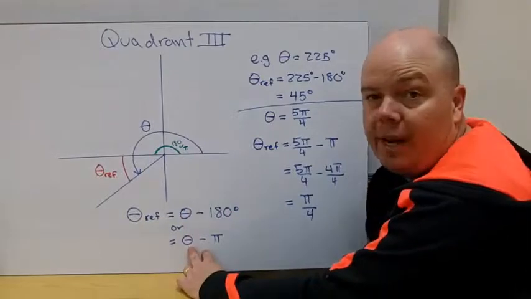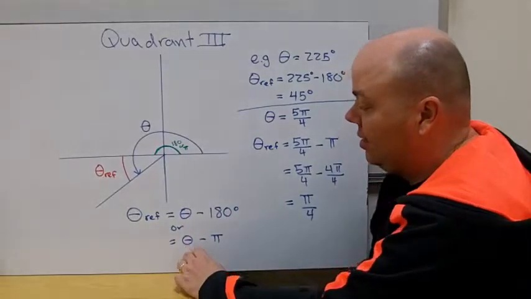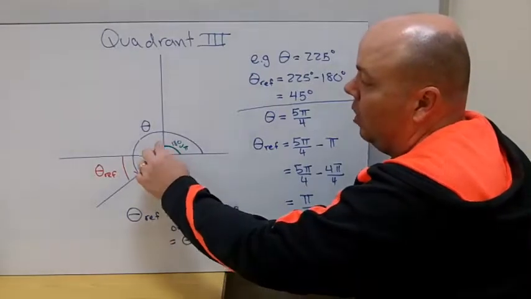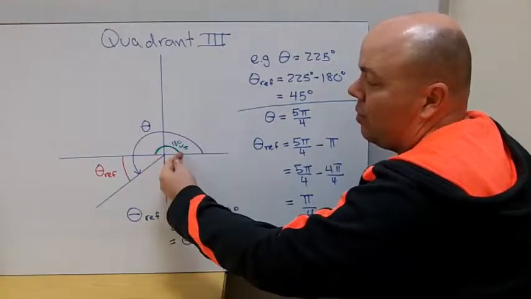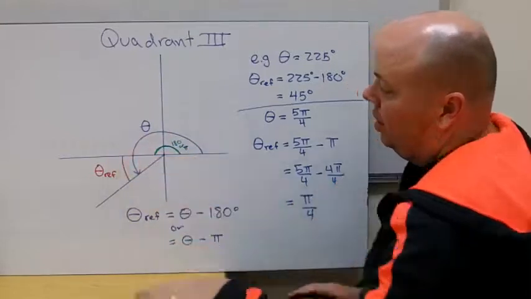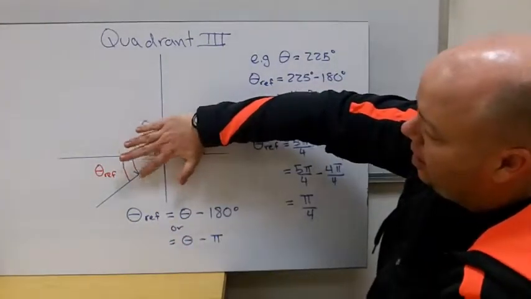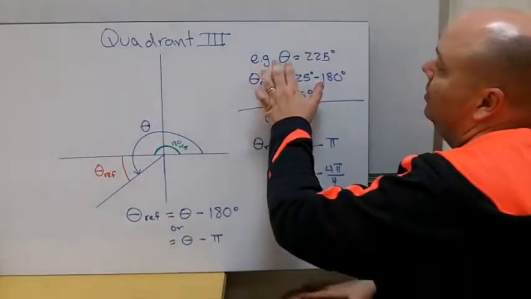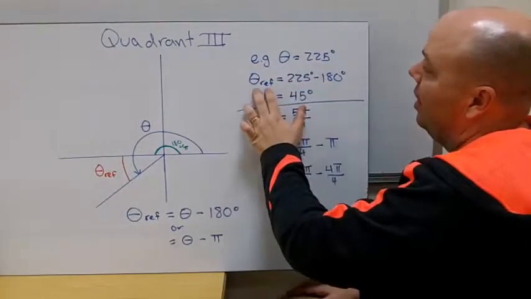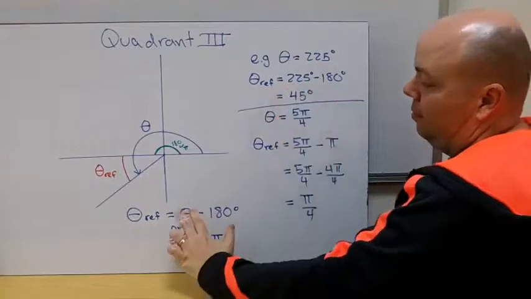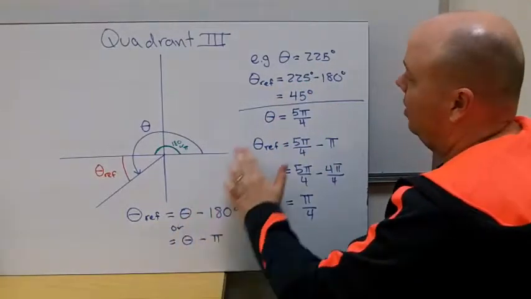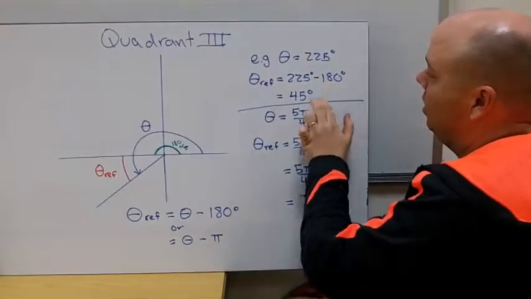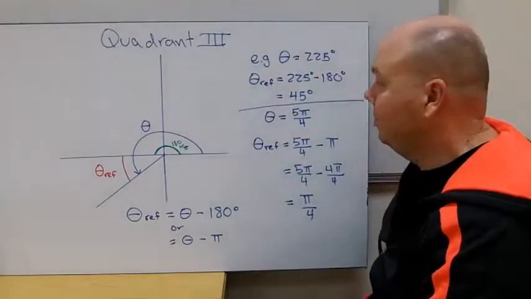Similarly, if theta is in radians, it's theta minus pi, because this would be 180 or pi. If I subtract that off the big angle, then what I'm left with is my reference angle. For example, theta is 225 degrees. My theta reference, from the formula, is equal to theta minus 180 degrees, which is equal to 45 degrees.